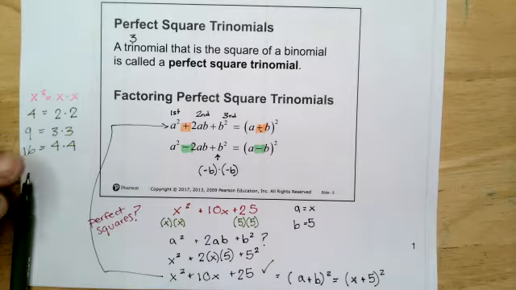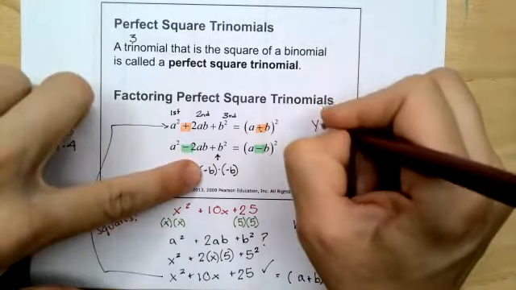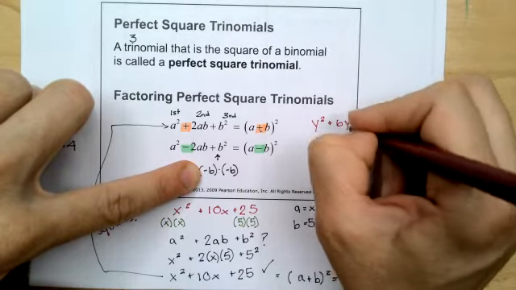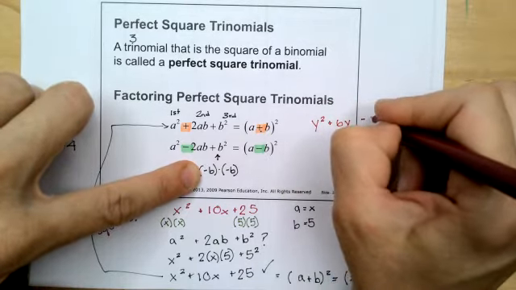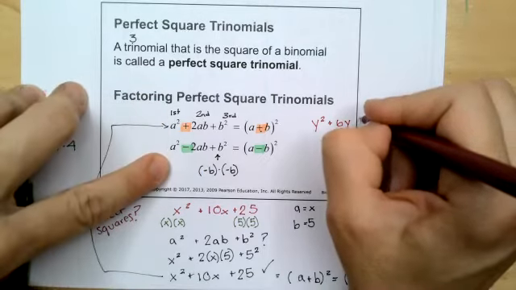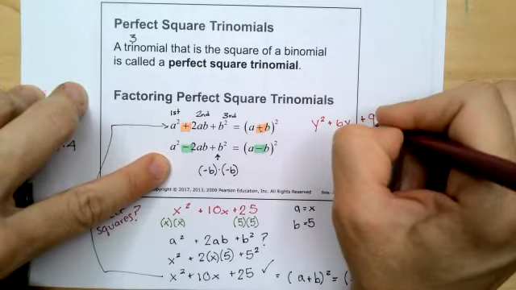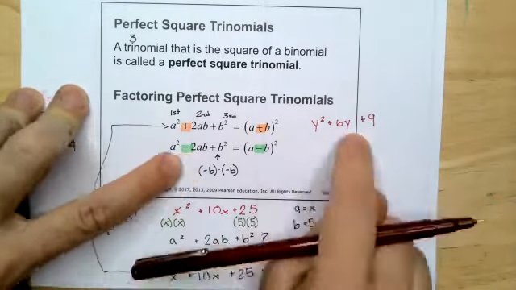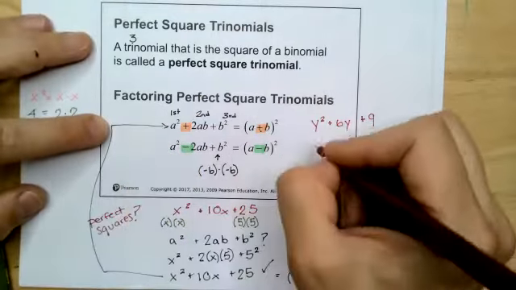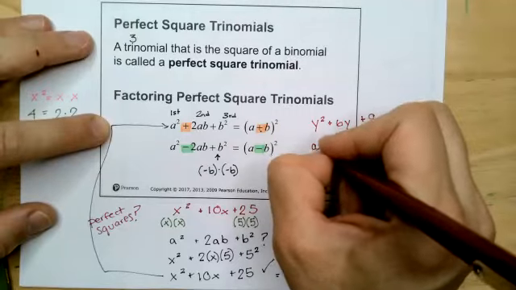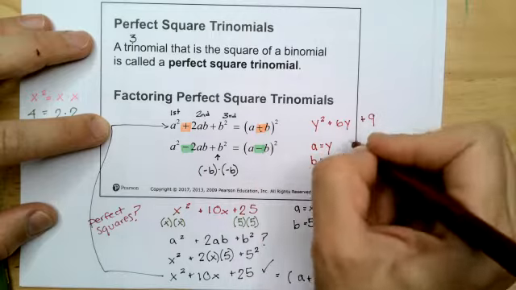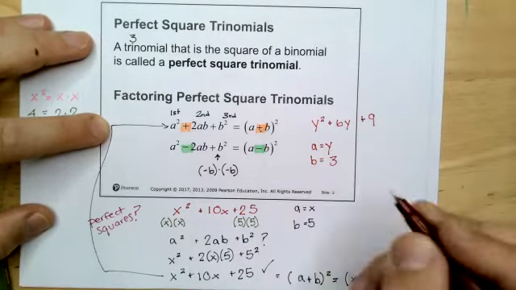Another example might be y squared plus 6y plus 9. That was the whole point, is that it's always plus. So if I looked at this and I said, are these perfect squares? Y squared, that means a is going to be just y, and b is going to be the square root of 9, which is 3, right?